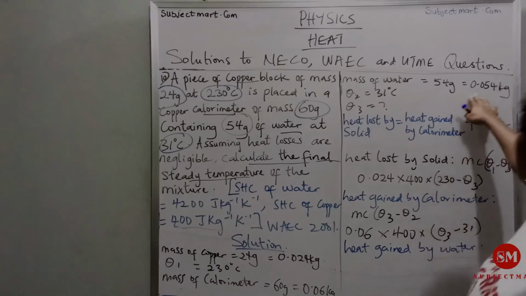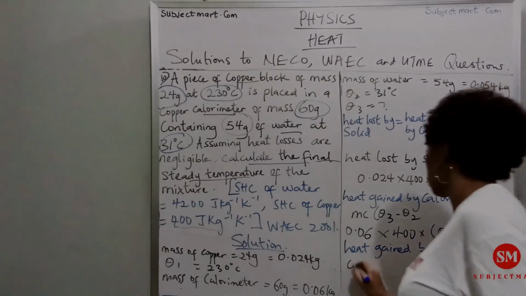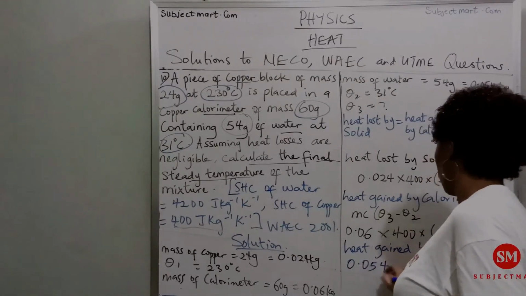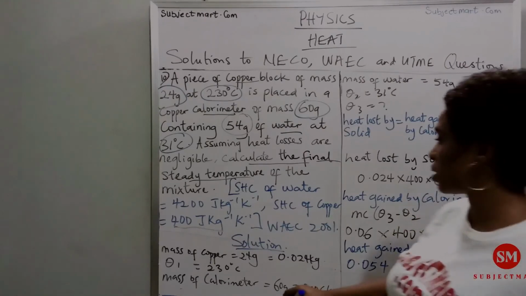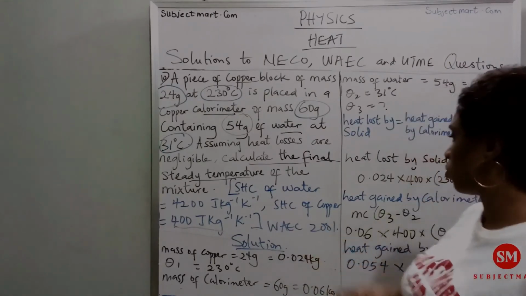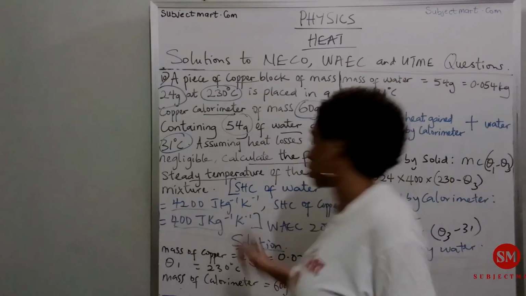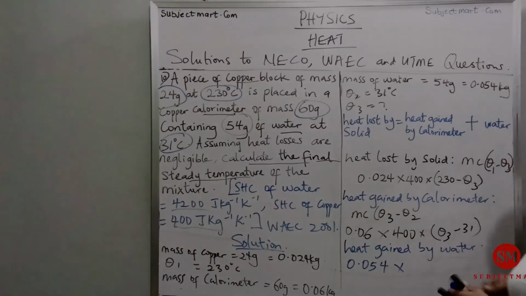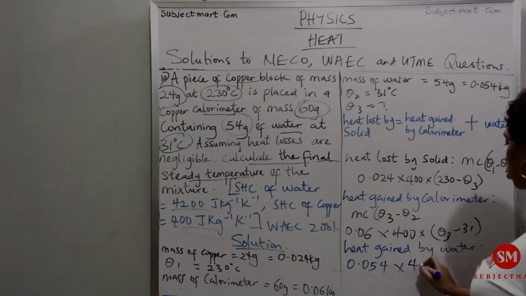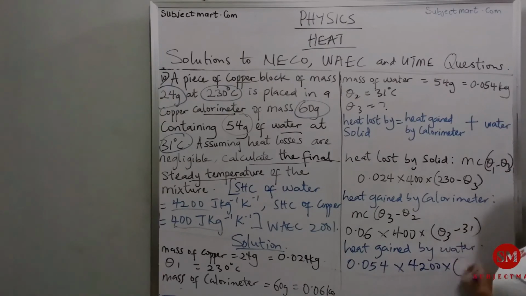The mass of water is 0.054. So I have 0.054 times the specific heat capacity of water, which is 4,200. The change in theta is theta 3 minus theta 2.